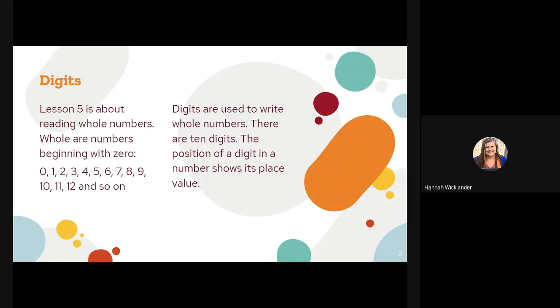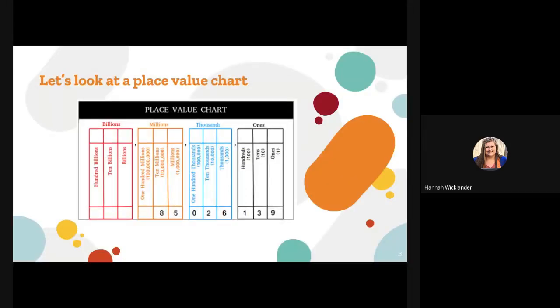So you have whole numbers, but they're composed of digits. A whole number can be 132, but it's composed of 3 digits, 1, 3, and 2, and each number has its own place in the place value chart. So here is a place value chart where there's the ones, thousands, millions, and billions.